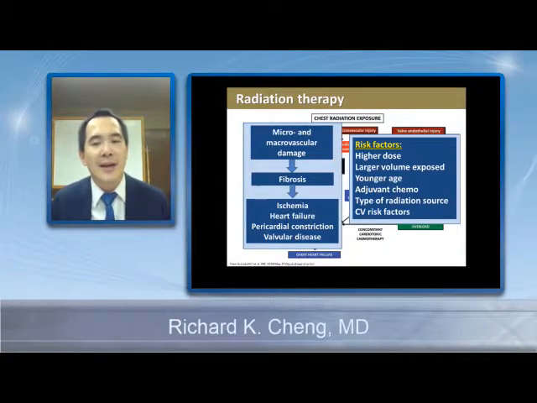The type of radiation source can play a large role. Patients with either underlying cardiac disease or cardiac risk factors, your traditional patients, for example, with hypertension, metabolic syndrome, obesity, etc., are also going to be at higher risk of downstream cardiac side effects after being exposed to radiation therapy.